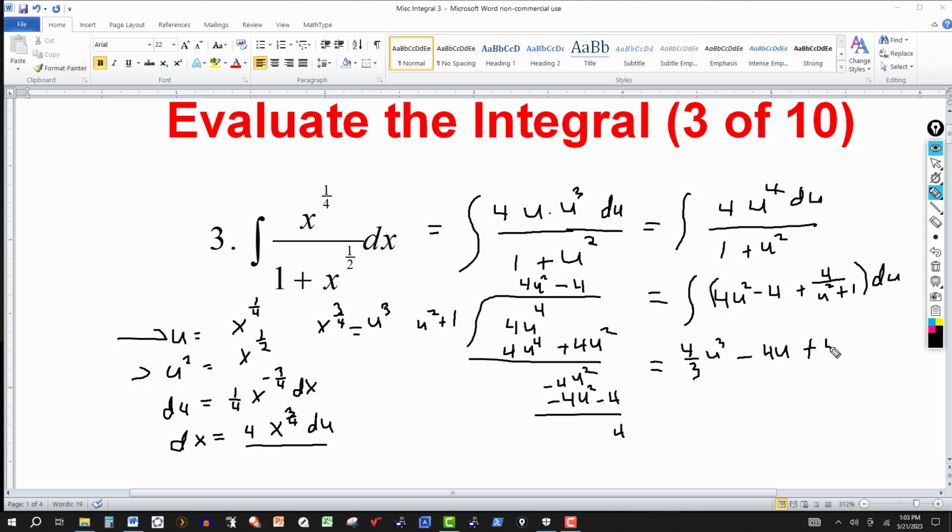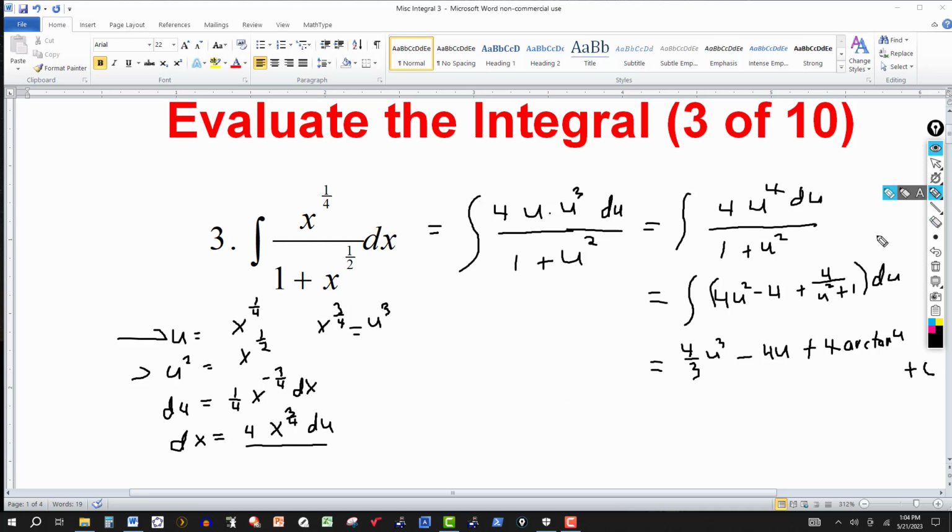So this will be 4 here, and then arctan of u over a, where a is 1, so this will be this u. And then plus your constant of integration.